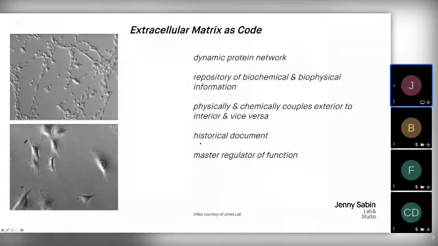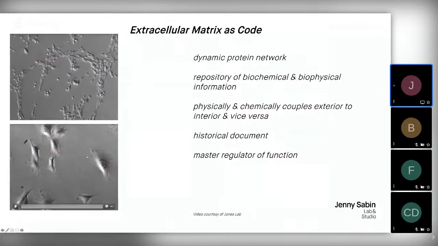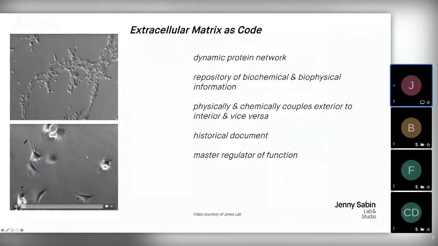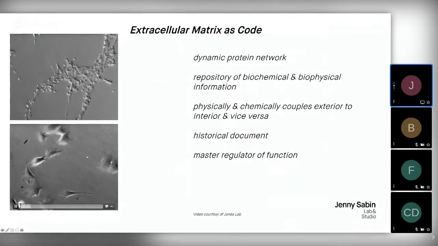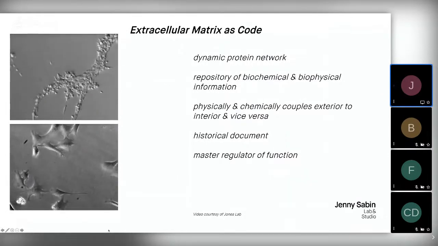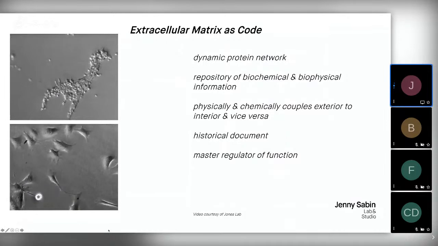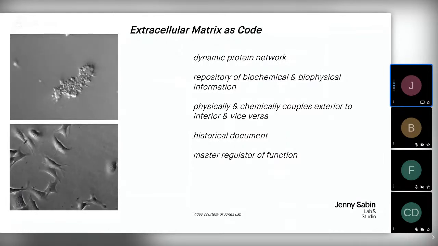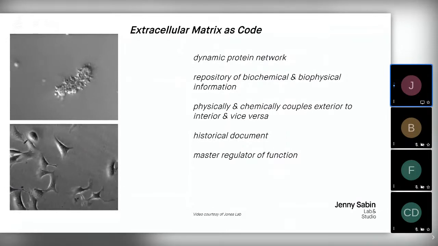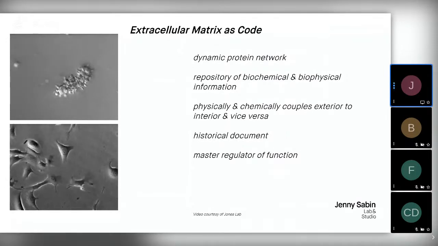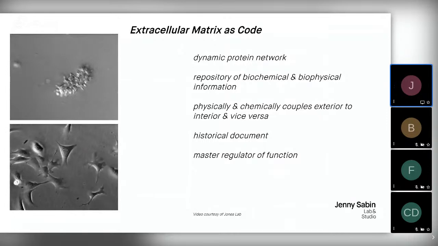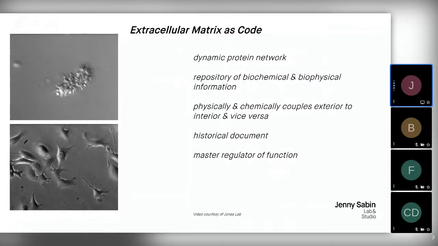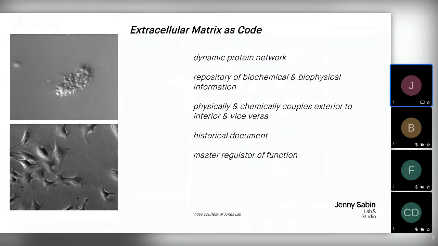A seminal reference for my work is the biological extracellular matrix, which is a dynamic protein network that physically and chemically couples the exterior environment of cells with their interior and vice versa. This matrix environment is a cell-derived woven and globular protein network that contacts most cells within the body, an architectural textile of sorts.